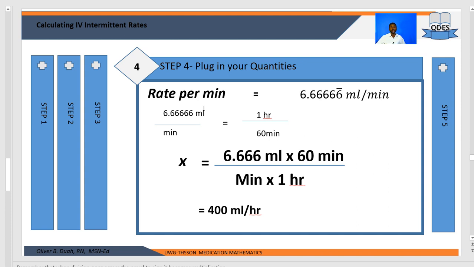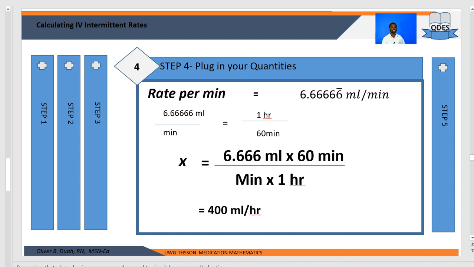We also know that in every hour we have 60 minutes. Okay, so when we set up our proportion, we are going to have 6.666 ml times 60 minutes all over 1 minute times 1 hour.